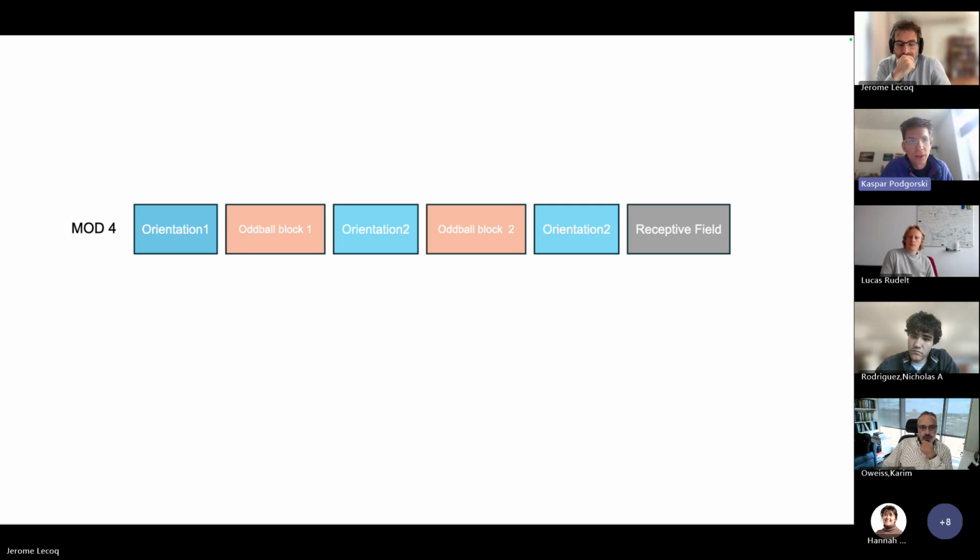I am more concerned that the orientation 1 block is going to have very different responses than the orientation 2 block. If the animal's been sitting in the dark and then we suddenly turn on the screen to start the orientation 1 block, we see very big responses when we first start presenting stimuli, and then it levels out.